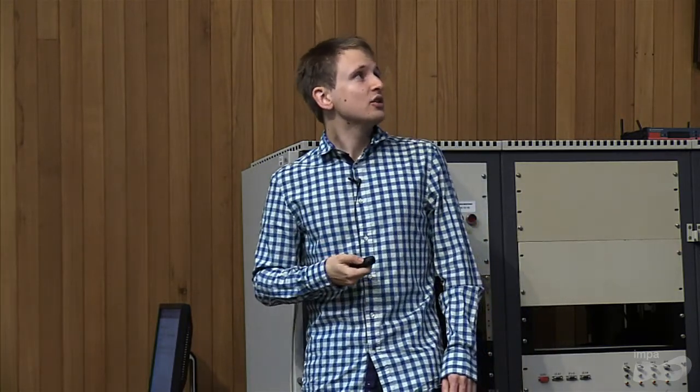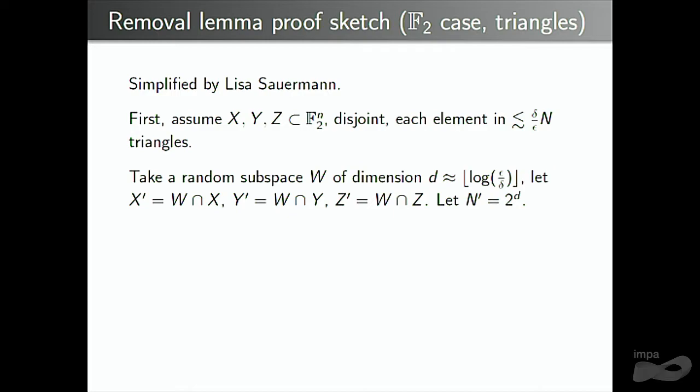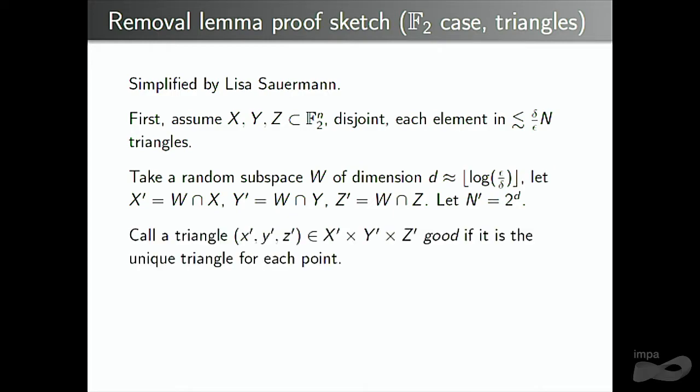Then we take a random subspace W, whose dimension we've chosen to work for us, and we take the intersection of each of these three sets with W. We call a triangle in this product good if it's the unique triangle for each point.